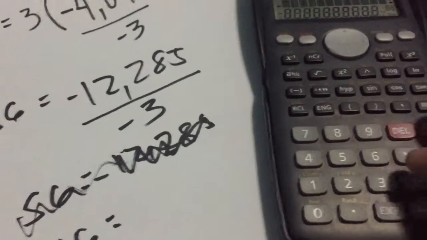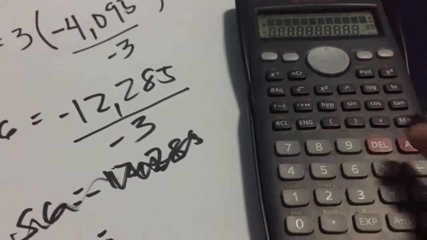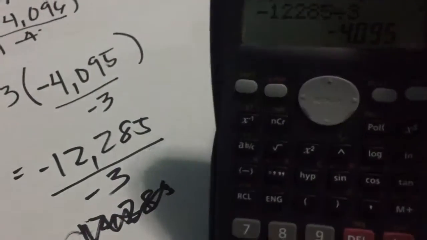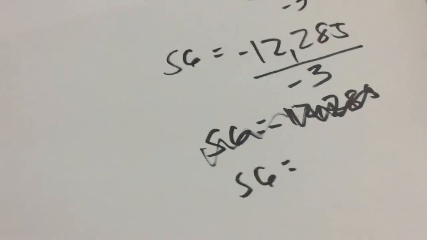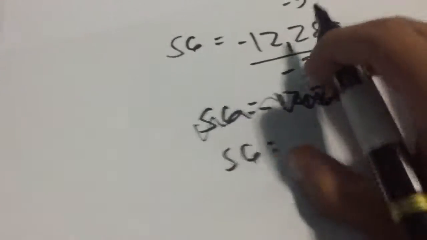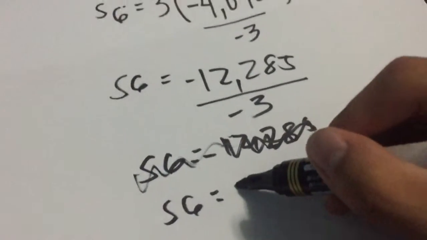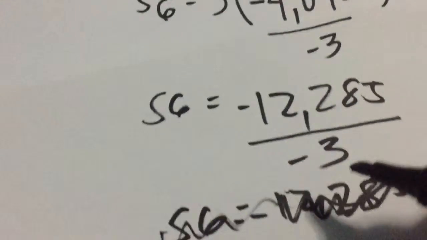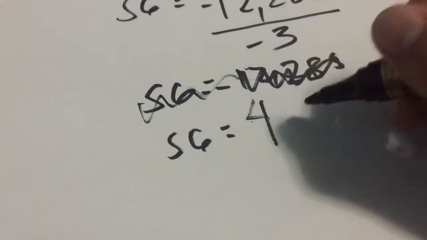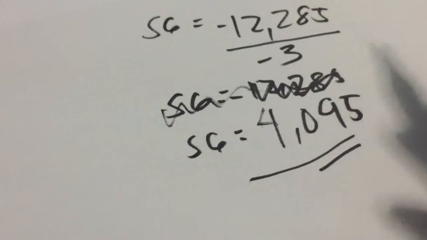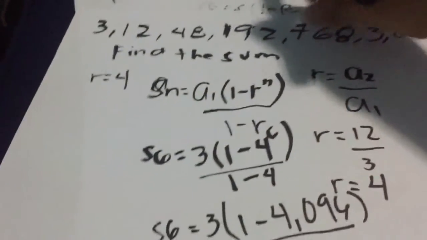Negative 12,285 divided by negative 3 is 4,095. So negative divided by negative is equal to positive 4,095. The sum of the 6 terms that was given here is equal to 4,095.